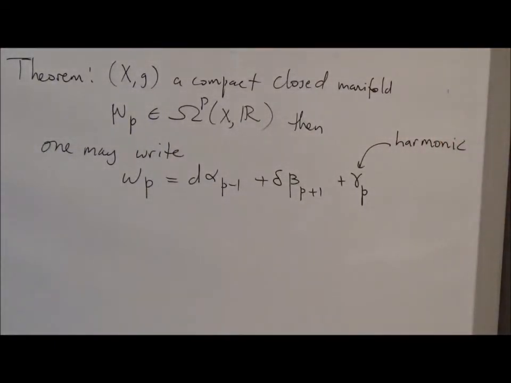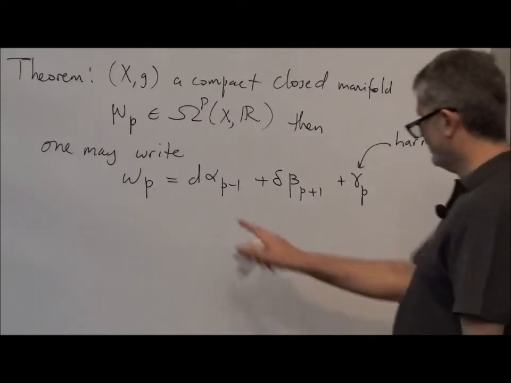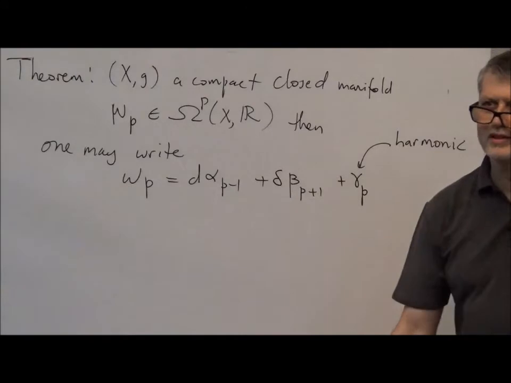That's an amazing theorem, right? It tells you that you can always write anybody as d of something, delta of something, plus a harmonic piece.